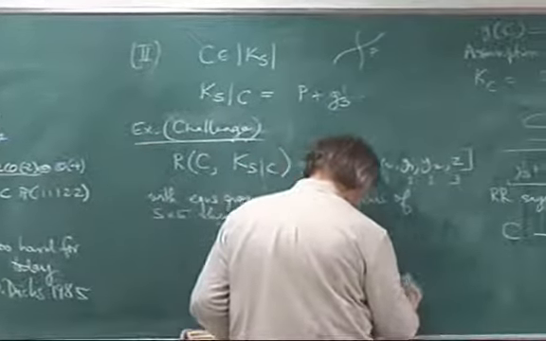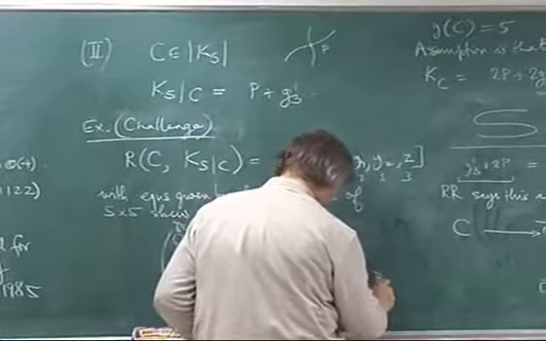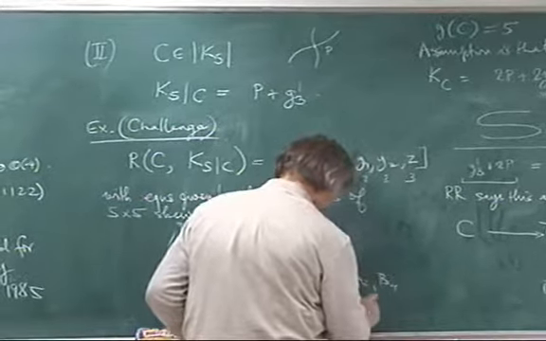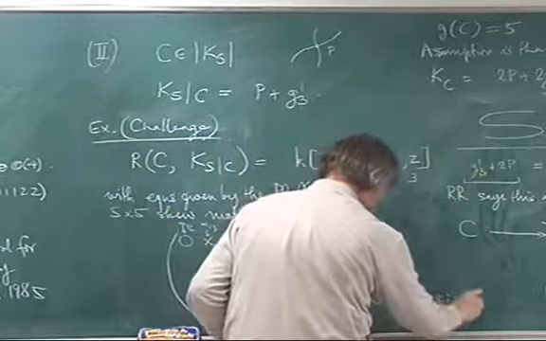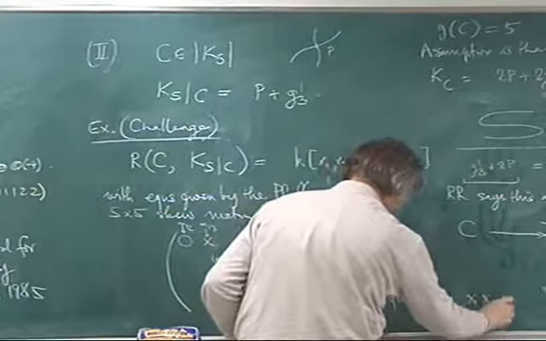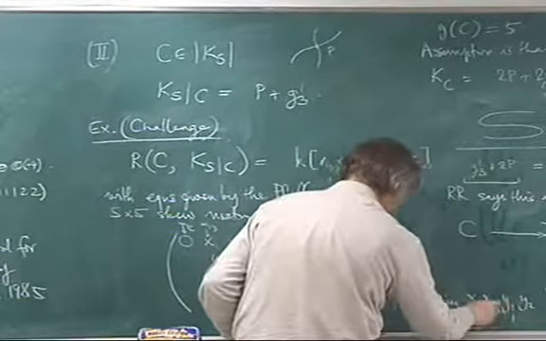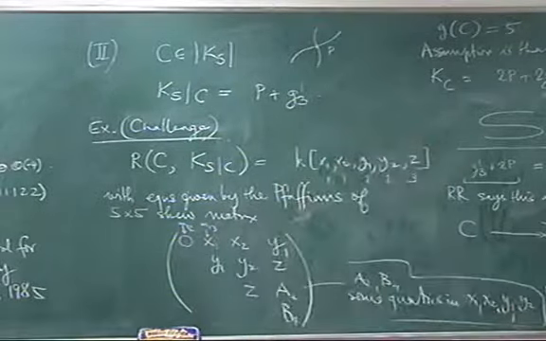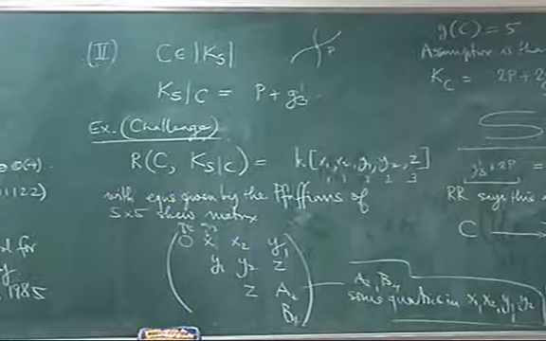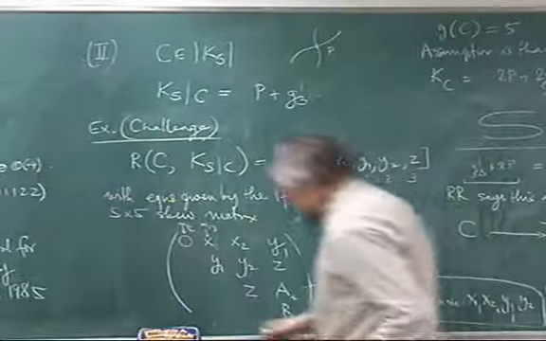So A4 and B4 are some quartics in x1, x2, y1, y2. And they're basically these terms, and I don't want to go into it.